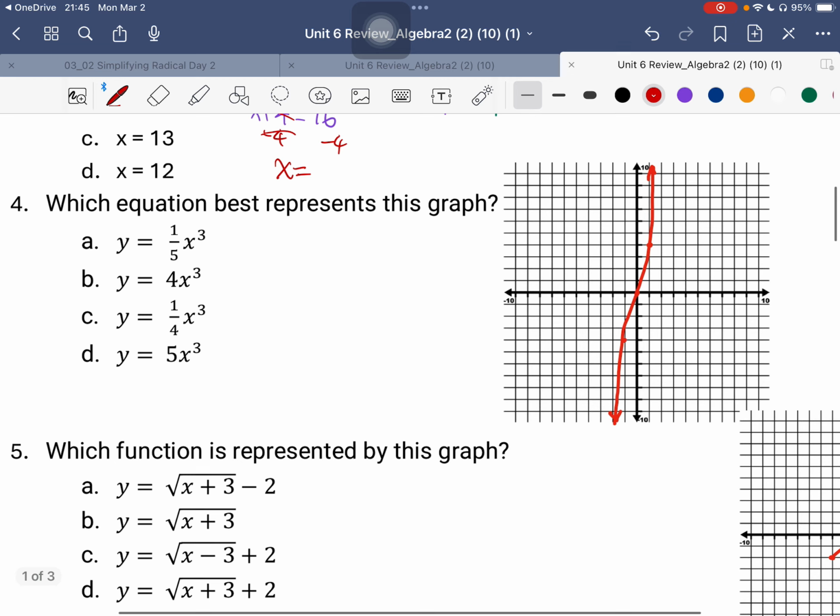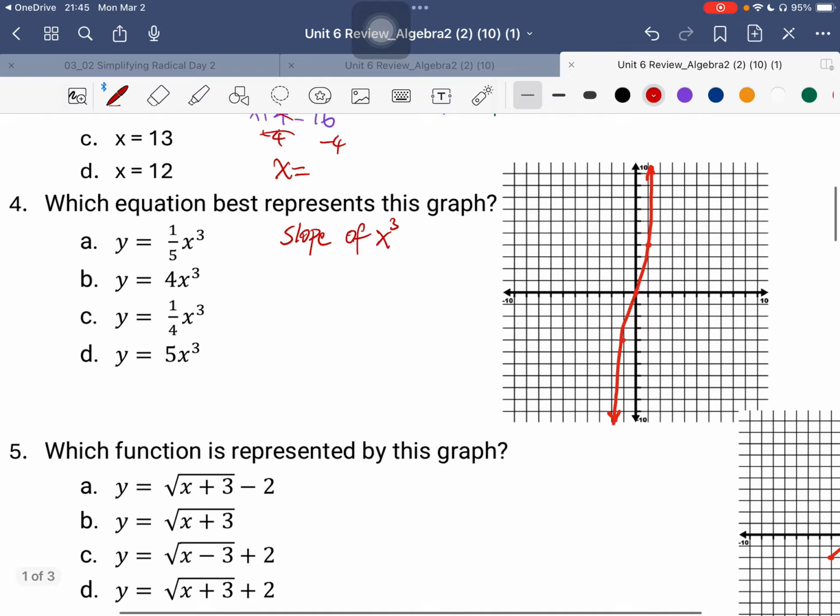Question 4. Which equation best represents the graph? To find the slope of a cubic function, you always start from the inflection point, which for this question is 0, 0. And you go right 1 point, that's the run. Run is always equal to 1.